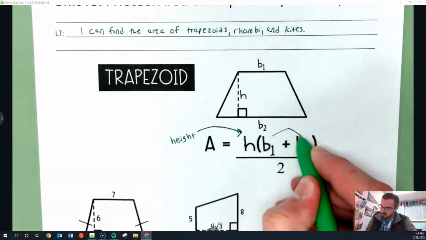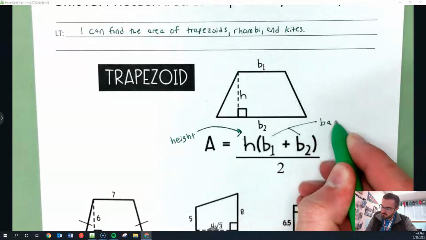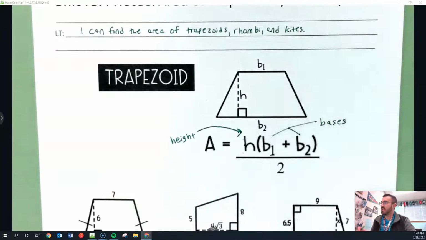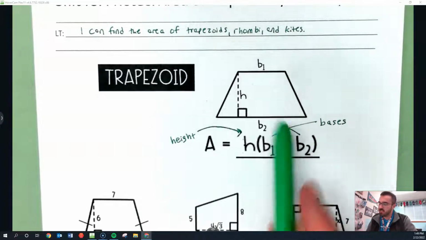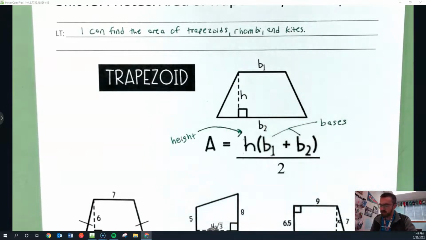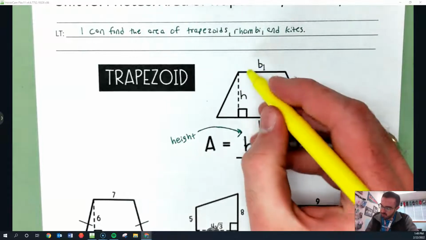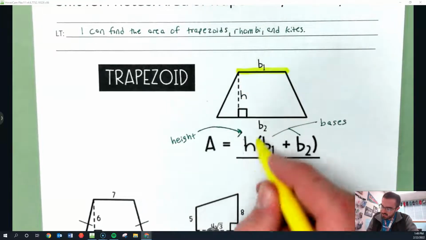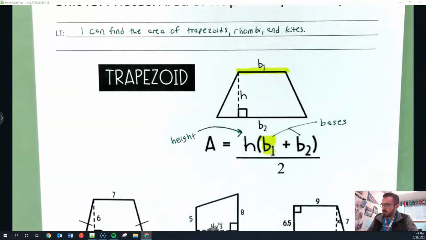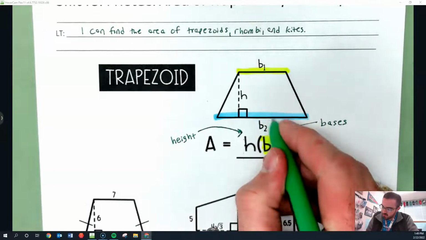These are the bases also, by the way. So in our picture, as you can see, the bases are parallel to each other. Let me show that to you. If this is a base, that's going to be base 1. And then base 2 has to be parallel to base 1, right? That could be represented by arrows.